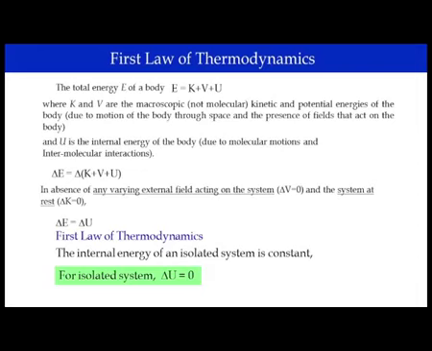And if we talk about the absence of any varying external field acting on the system, which means delta V is 0, and the system is at rest, delta K is 0, which is the case we talk about in chemistry, chemical reactions and different chemical processes.